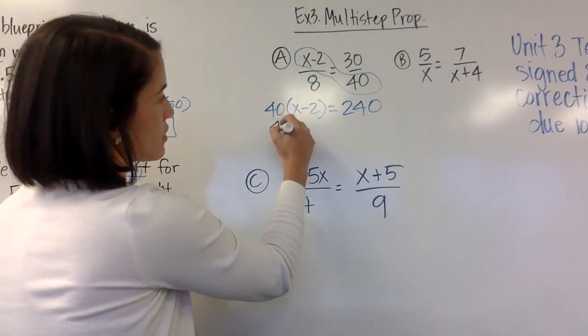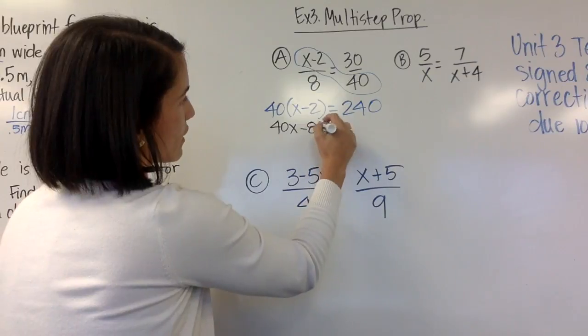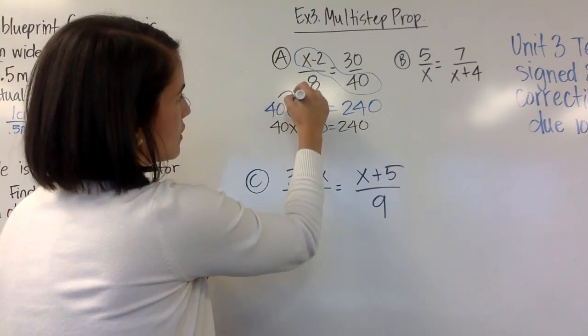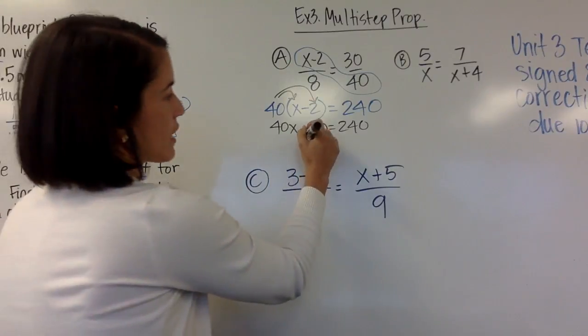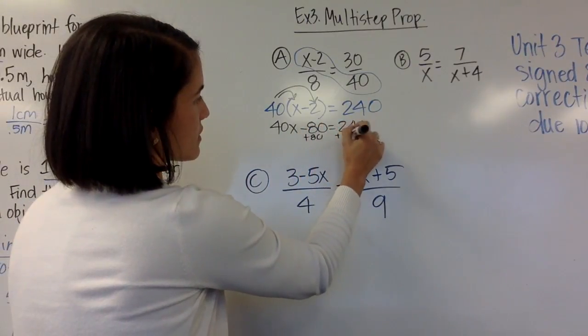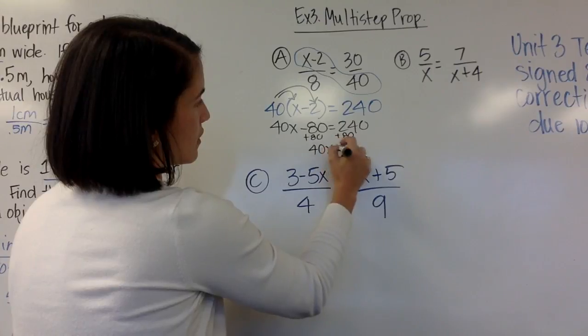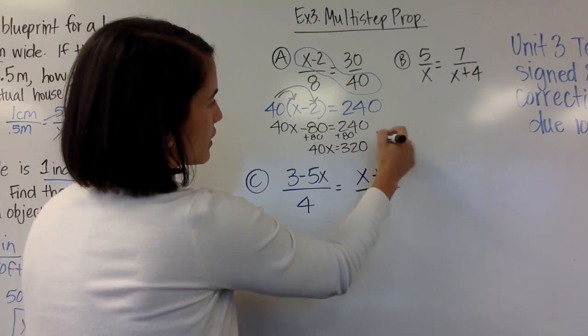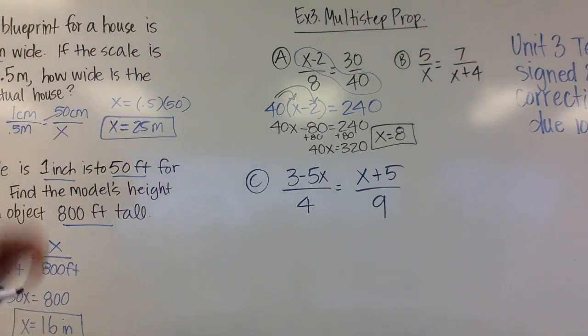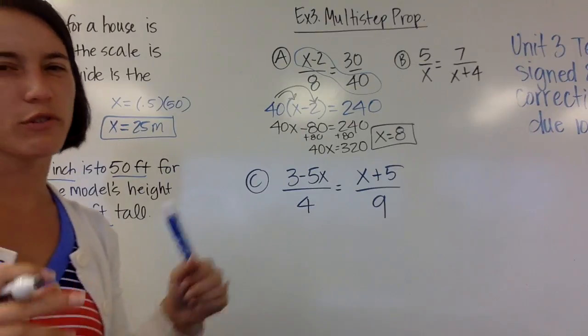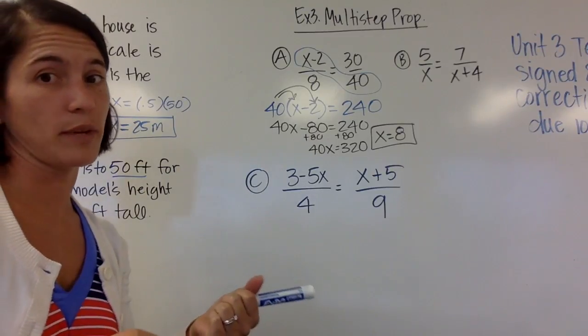I'm going to distribute: 40x minus 80 is 240. I'm going to add 80 to both sides. 40x equals 320, and x equals 8. I know I'm going through these fast, but these are multi-step equations.